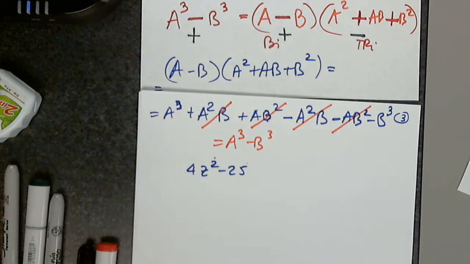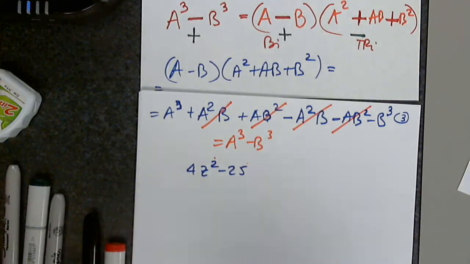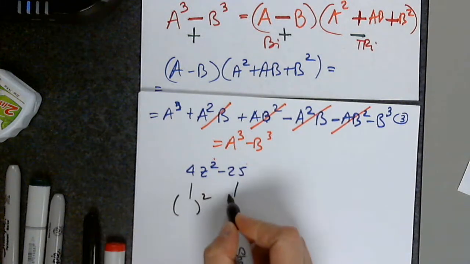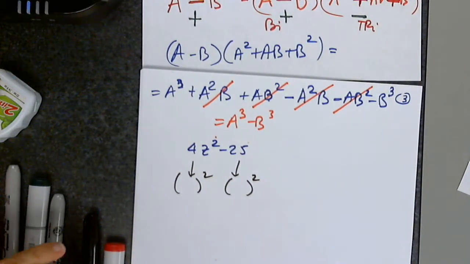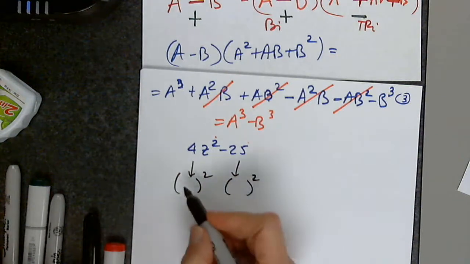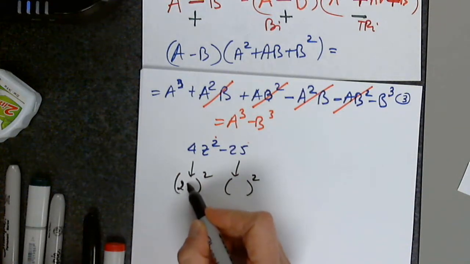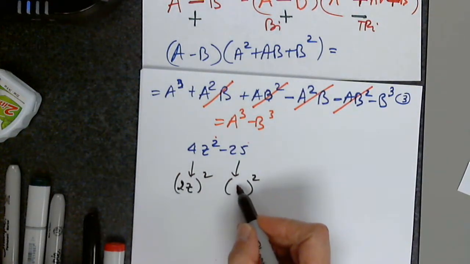And I can show you an example in which it's both. But which one is it now? Obviously 25 is not a perfect cube. So yes, I'm expecting two perfect squares. So this is what? 2z, and this is 5.